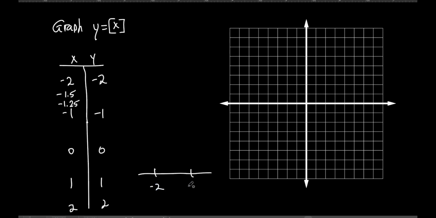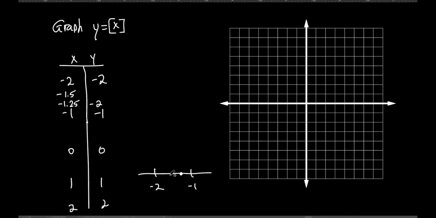It's between what? It would be right there, wouldn't it? So what's the largest integer that's to the left, or less than -1.25? It'd be -2, wouldn't it? So this would be -2. So that goes with that.